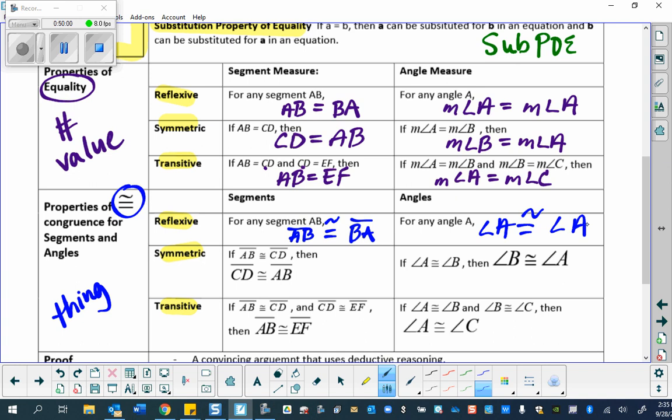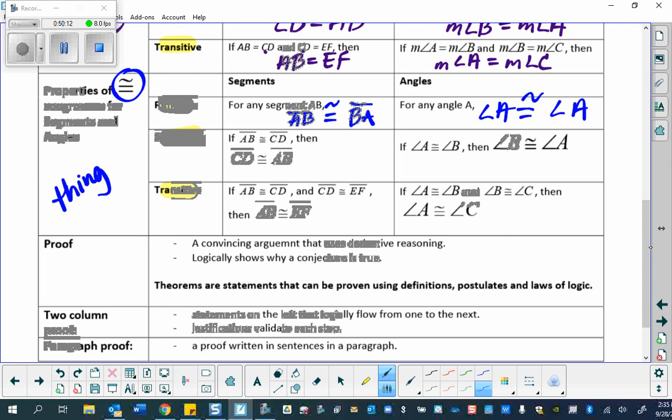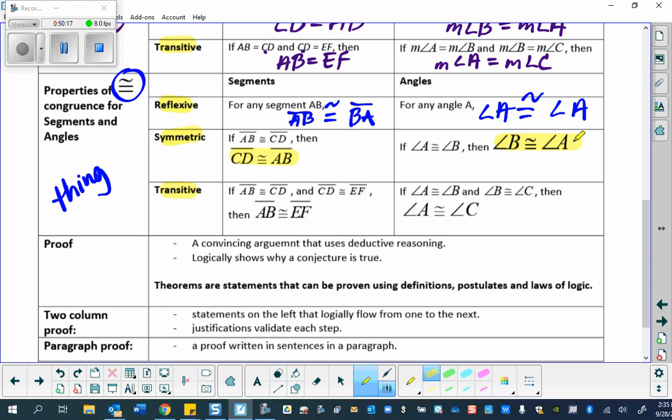Notice the difference when I'm not talking about its numerical measure: I include the segment symbol above my segments, and I don't talk about the measure for my angles. So these ones are written for you. My symmetric property flips it around, and my transitive property recognizes if there's a common link in the hypothesis and the conclusion, then I can go ahead and link those other two together.